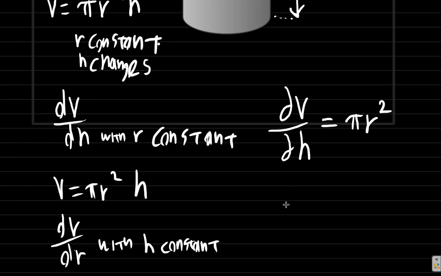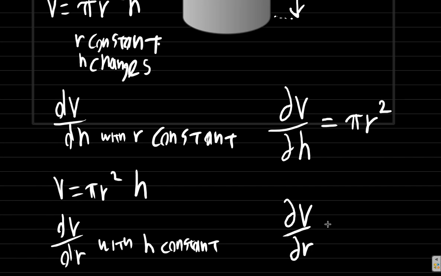Well, you write that, of course, as delta V by delta r. Right? That means the partial derivative of V with respect to r.